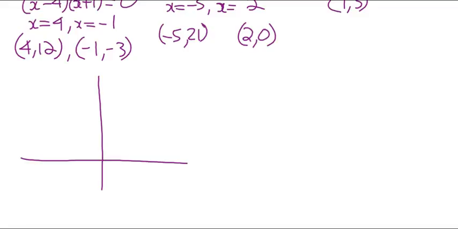We don't have to go that low, we have to go to -3, I think. So 3, 6, 9, 12, 15, 18, 21. And we need to go from -5 to positive 4.